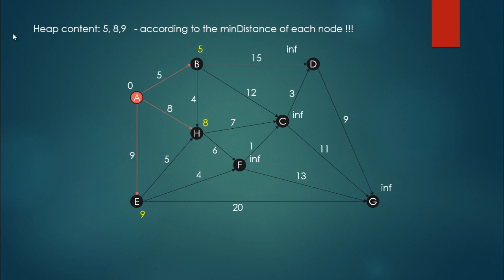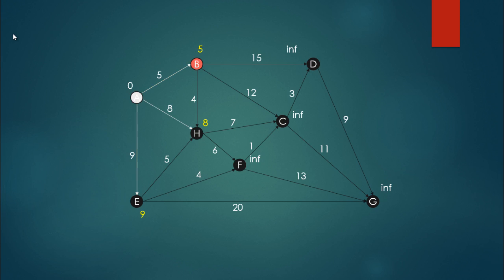Our heap contains these min distances for B, H, and E, so 5, 8, and 9. We go to the next vertex that has the least value, so the minimum, and we have 5, 8, and 9, so we go to 5, which is B, and consider vertex A visited, so we are not going to get back here anymore.